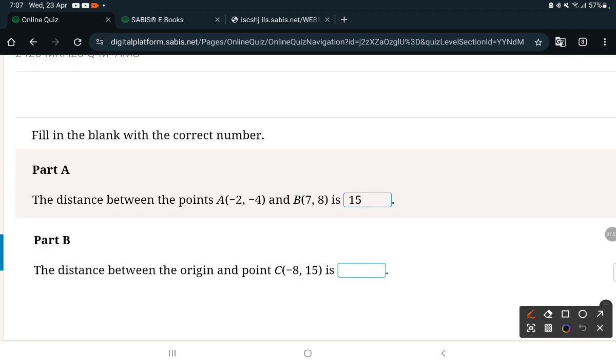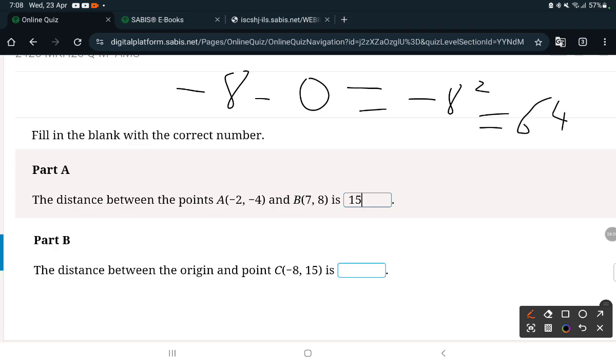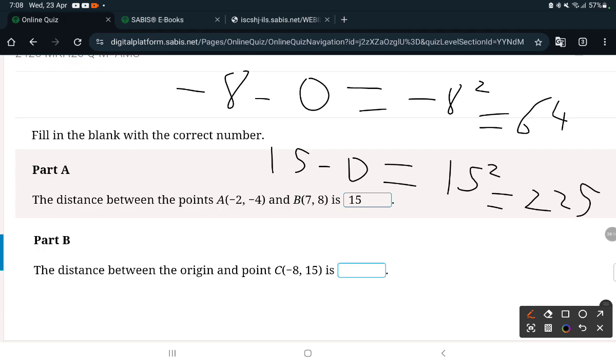So we have x2, which is negative 8, minus 0. That's just going to be negative 8 squared, which is 64. And then we have 15 minus 0, 15 squared, which is 225. So I have 64 plus 225, it's going to be 289. So I have radical 289, which is 17.